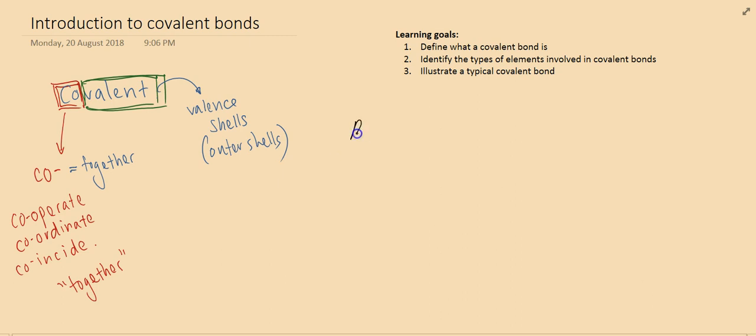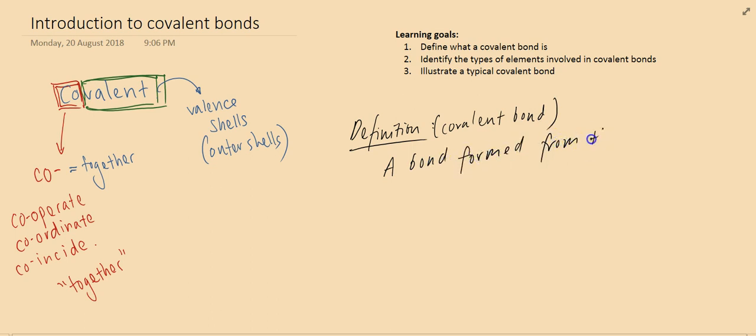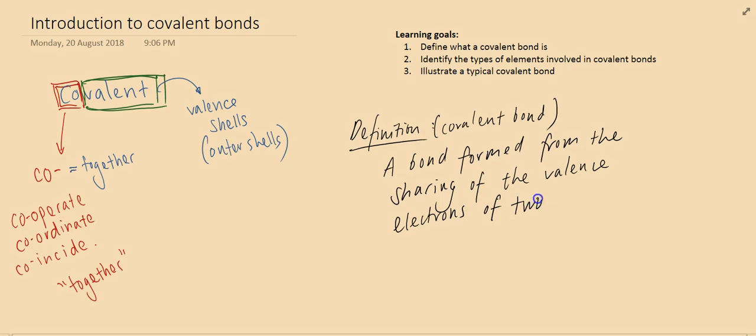Well, the definition of a covalent bond is a bond formed from the sharing of valence electrons of 2 non-metal atoms.